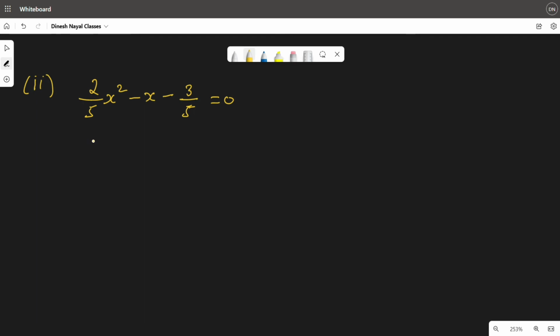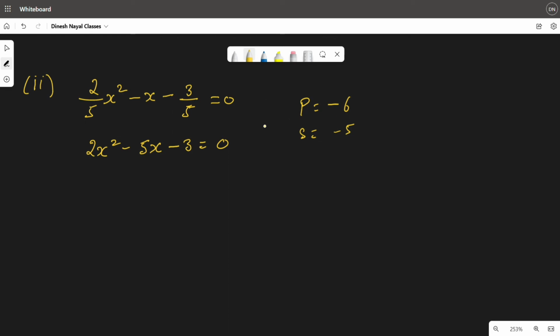square, because 5 and 5 will get cancelled. 2x square minus 5x minus 3, again 5 and 5 will get cancelled. Now this equation is reduced to 2x square minus 5x minus 3 equal to 0. So you have to find two numbers whose product is the product of the coefficient of x square and minus 3. 2 into minus 3 is minus 6. The product should be minus 6 and the sum should be the coefficient of x, which is minus 5.